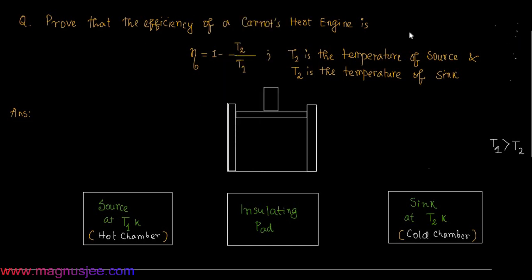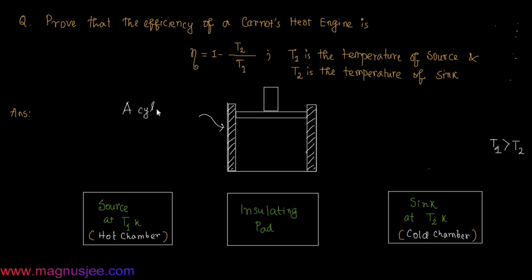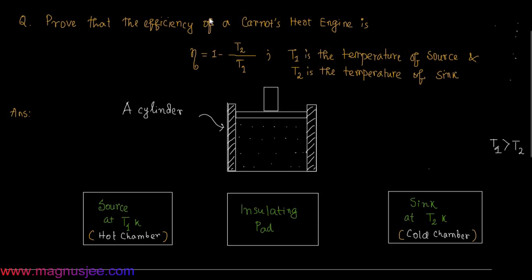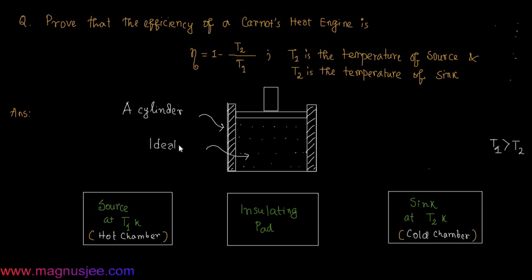This is a cylinder fitted with a piston. The cylinder has non-conducting vertical walls and contains an ideal gas. The ideal gas is enclosed by the cylinder with non-conducting vertical walls and a conducting base.